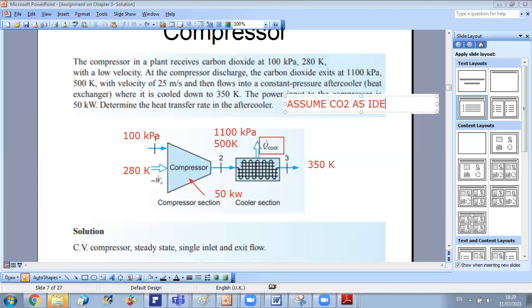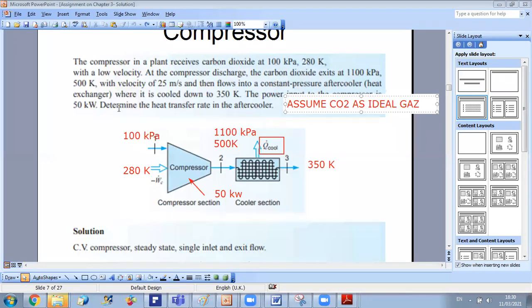So I will use the table we talked about together, table A.8, because it will give us properties. We just need the temperature at inlet. We don't need to know the pressure, because for an ideal gas, there is a relation between pressure and temperature, so you just need one input, either pressure or temperature. In general, they gave us the temperature.